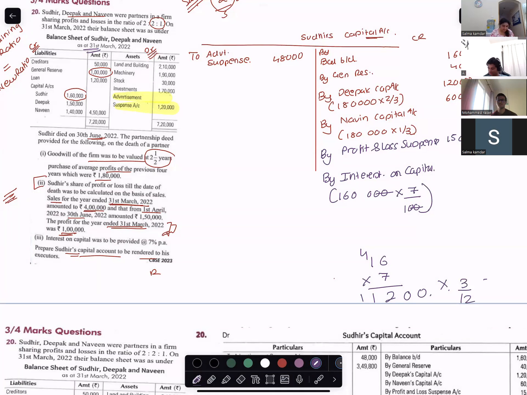Into 3 divided by 12. Yes. So how much is it? 2,800.